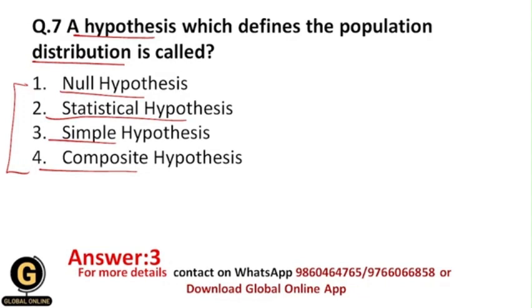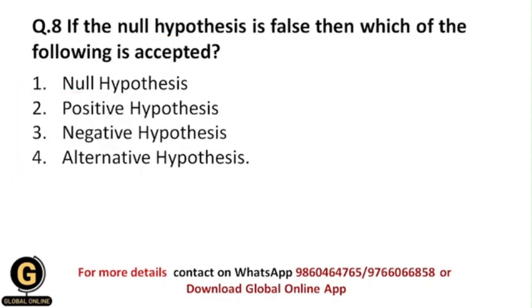Now next, if the null hypothesis is false, then which of the following is accepted? This is the easiest question. When the null hypothesis is false, what type of hypothesis do we accept?